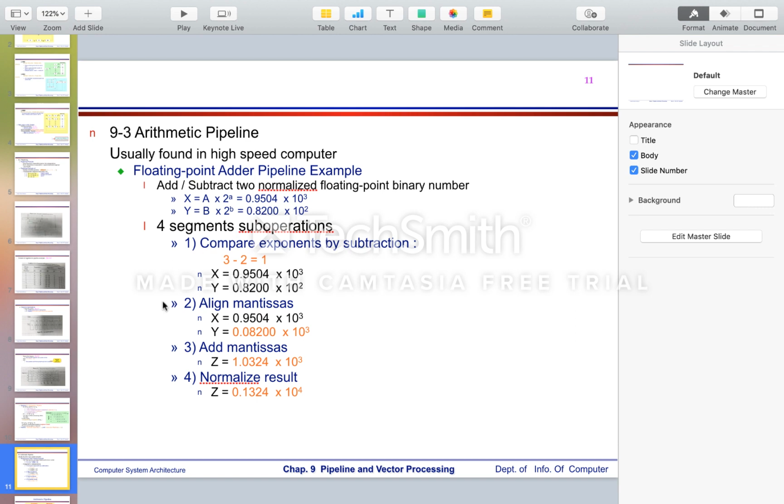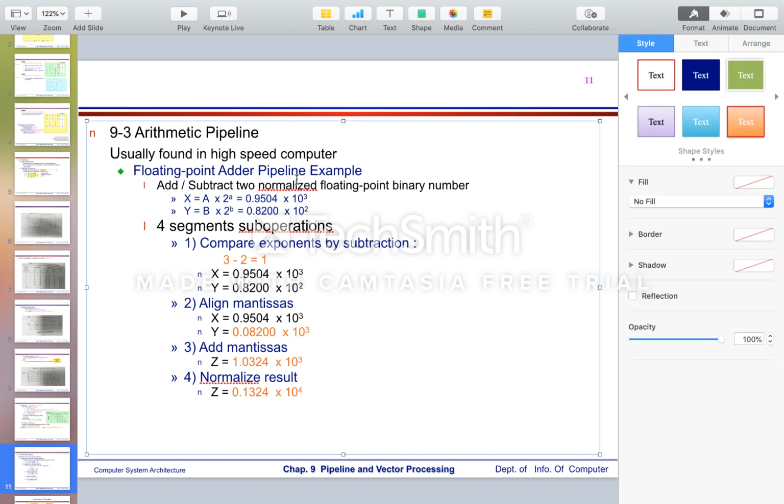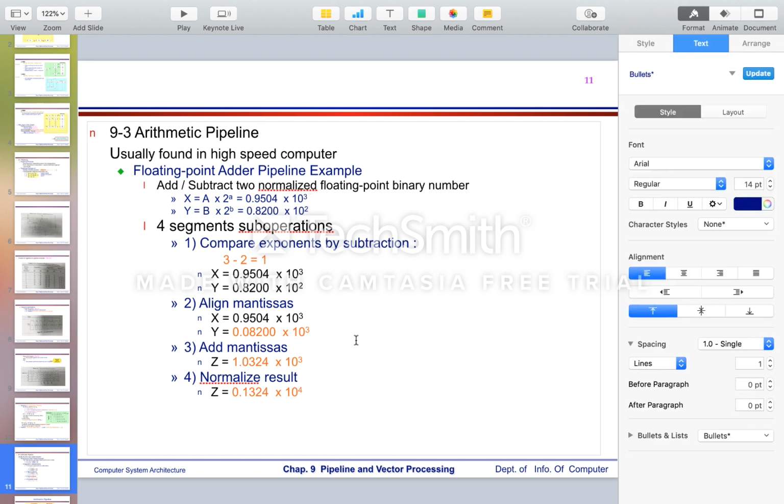Now, the first task is comparing the exponents. So let us see this example for x equal to this value and y equal to this value. The first task was to compare the exponents. So how can we compare? By subtraction operation. So let us subtract these two exponents. 3 minus 2 is 1.